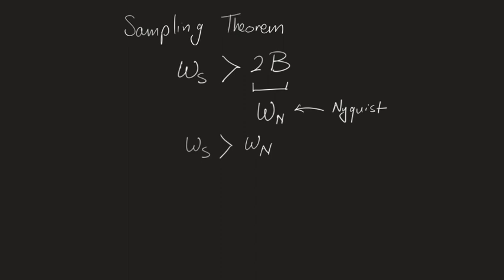The other thing is the effect that happens when you don't respect the sampling theorem. So when you sample at a frequency less than the Nyquist and you cause this interference, this effect is called aliasing. This interference between the different replicas that prevents you from recovering the original signal is called the aliasing effect.